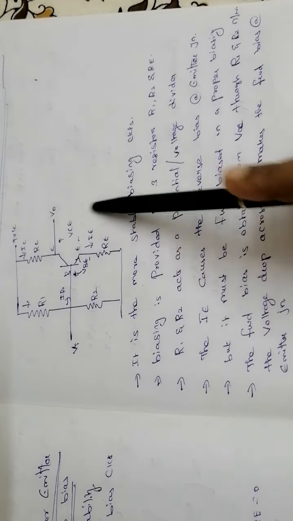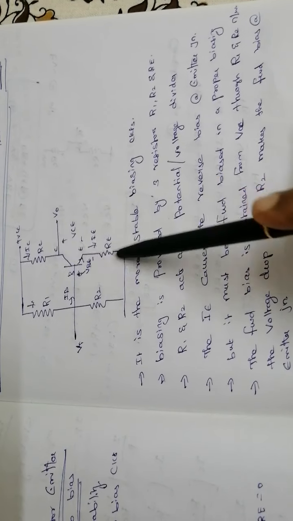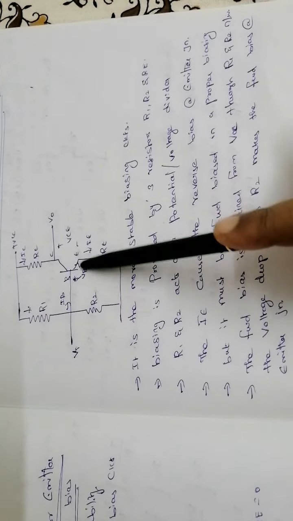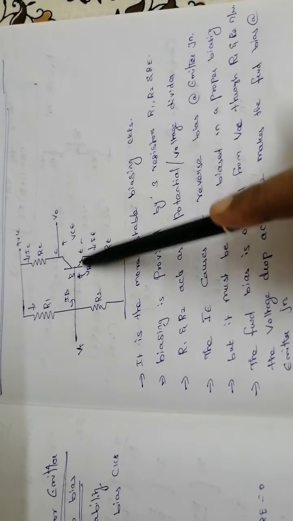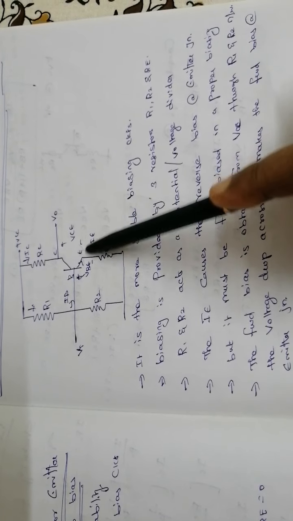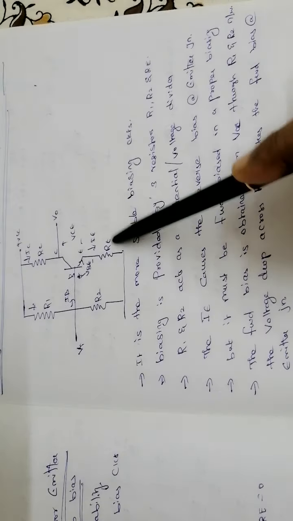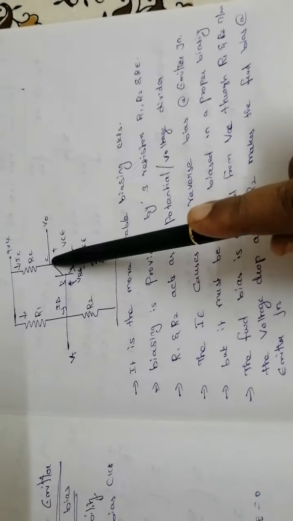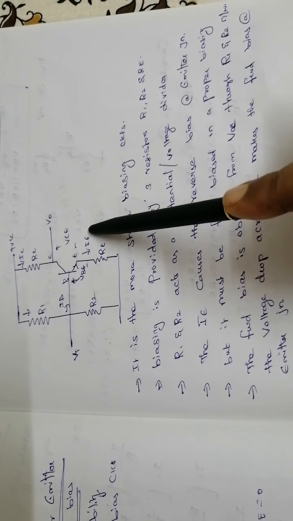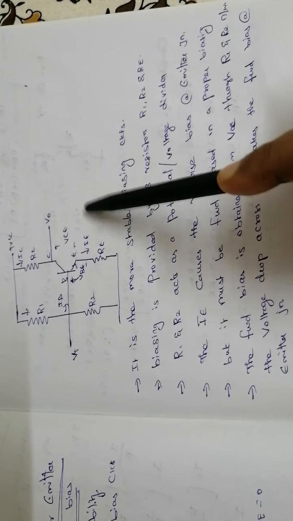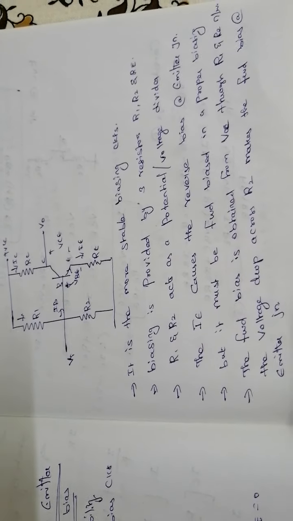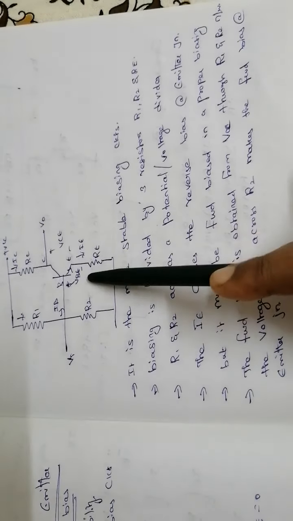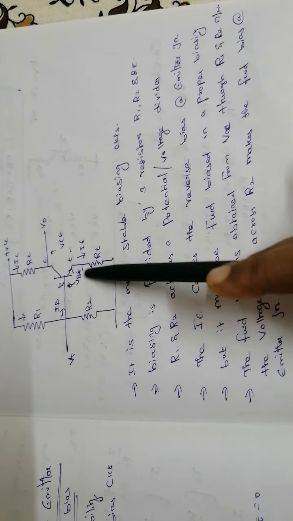If the collector current increases, then the voltage drop across the emitter resistance is increased, because if collector current increases, it automatically increases the emitter current, because IE is approximately equal to IC. So if IC increases, then the emitter current also increases. So the voltage drop across the emitter resistance also increases.